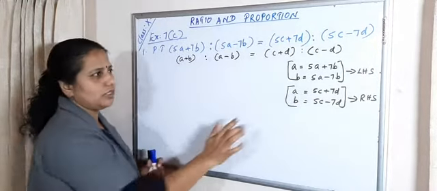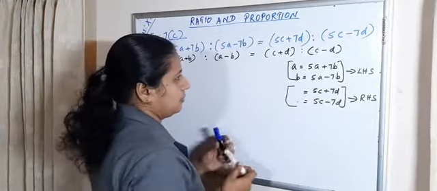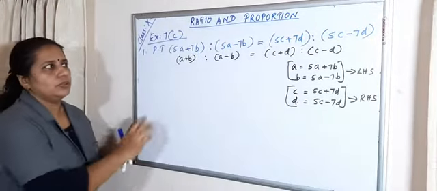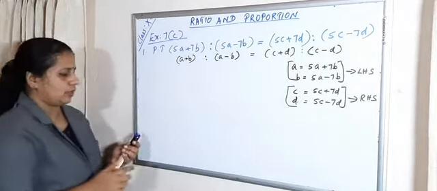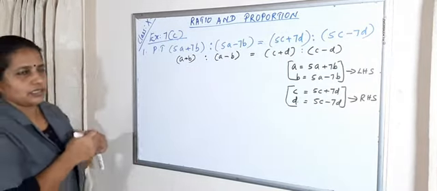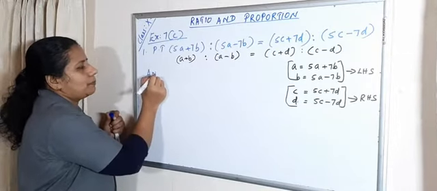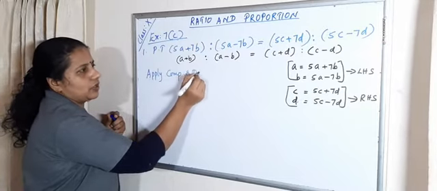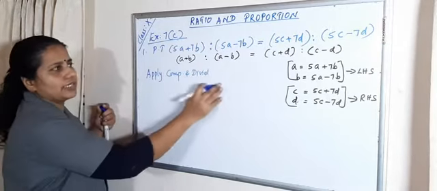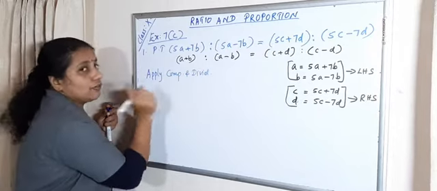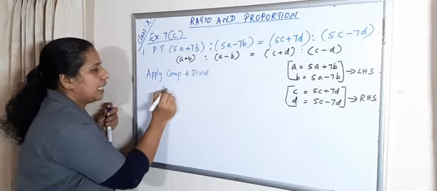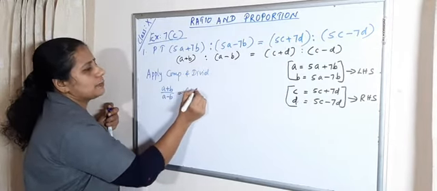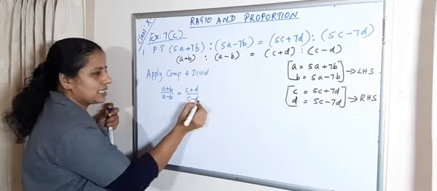Okay, not A, it is C. C and D. Now this is our componendo and dividendo property. First you write that property: (A + B) by (A - B) equal to (C + D) by (C - D).